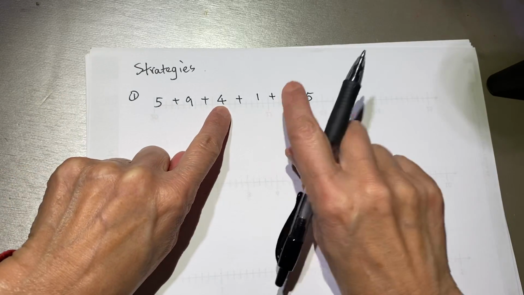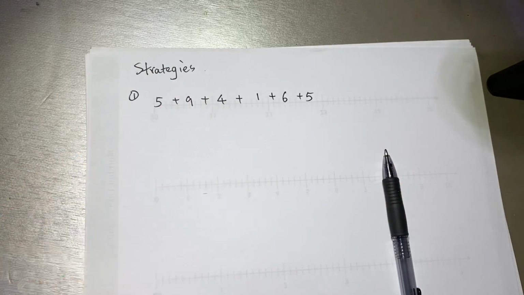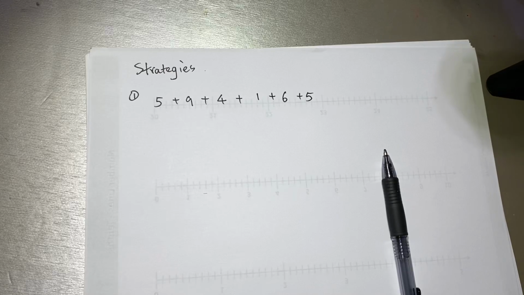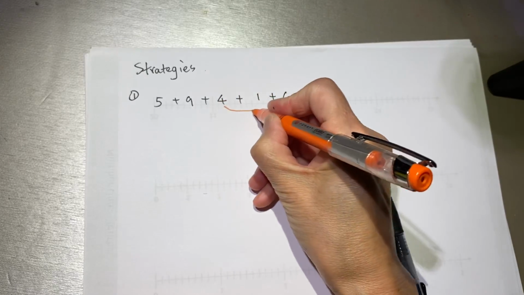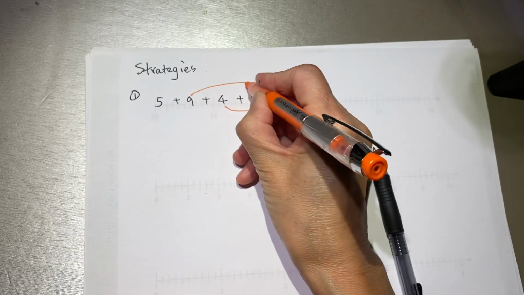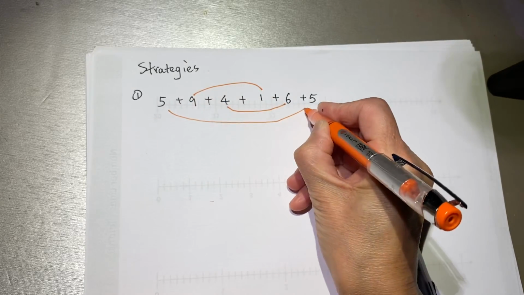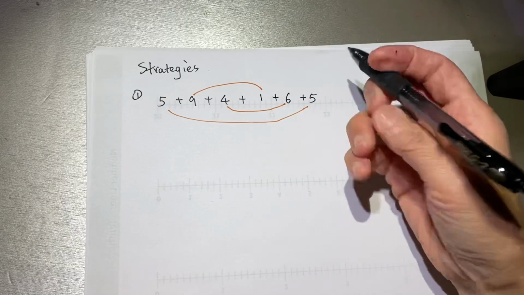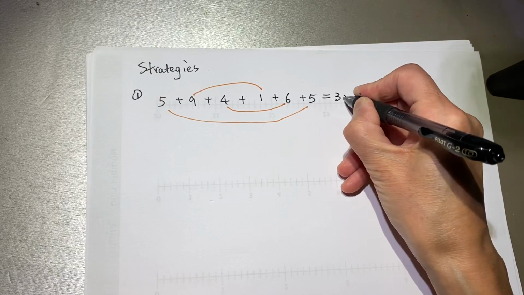6 and 4 makes 10. Maybe I need another color of pen, an orange pen. This makes 10, this makes 10, this makes another 10. 3 tens, so it's 30.